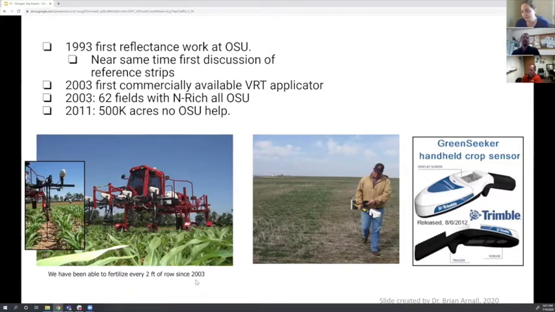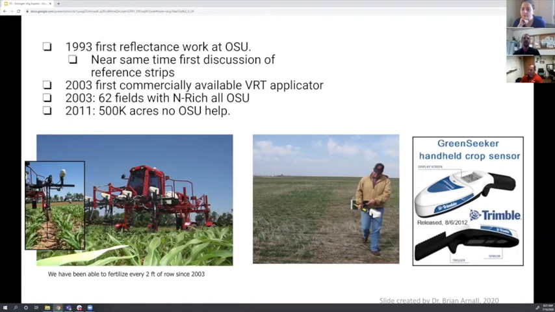Even in 2003 we put the sensor on a high clearance sprayer, and those sensors were applying by row, changing rate every 0.3 meter of row. The goal was to actually apply to every corn plant in a dryland situation in Oklahoma. So it's not like the Iowa states where we have 35,000 or 40,000 plants. This was about 16,000 plants.